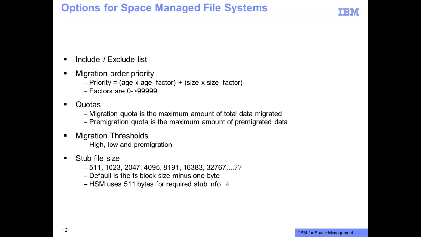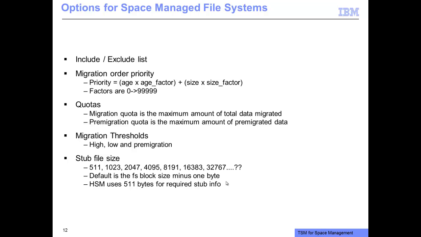We also have a pre-migration quota. Now what pre-migration does is it will actually start migrating and copying the files over to the Tivoli Storage Manager server prior to that high threshold being reached on the file system. So we pre-migrate the files over to the TSM server, but we don't replace the original file with the stub until the high threshold is met.